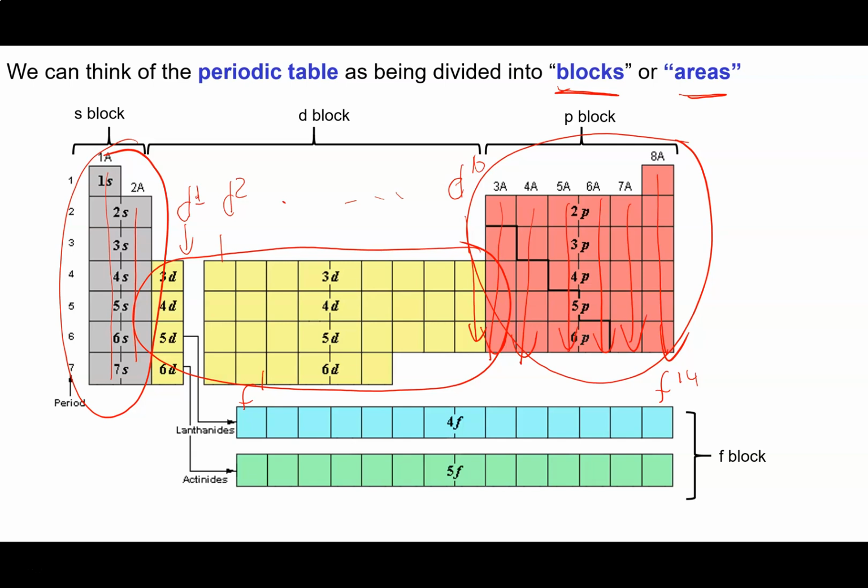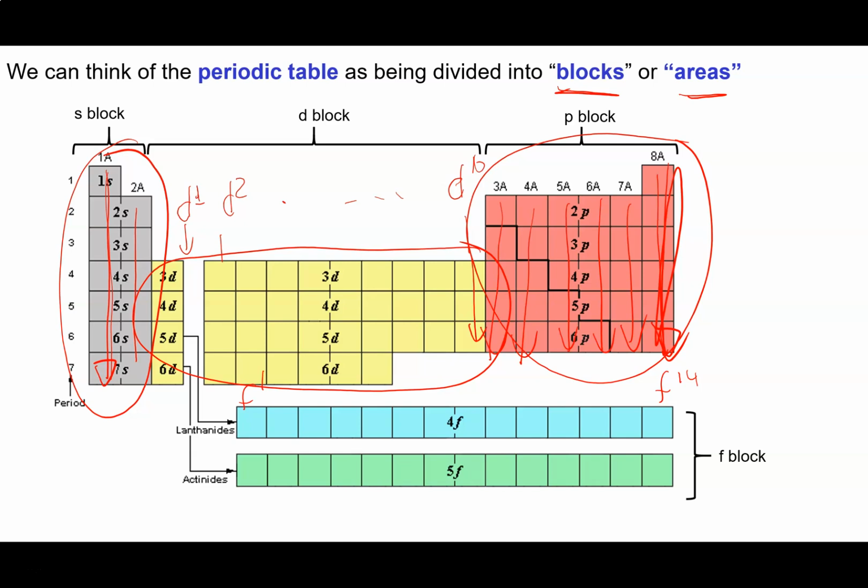Remember, elements with a similar electron configuration are going to look the same on the outside and are going to behave chemically similar. So everything in group 1A behaves chemically similar because they have an electron configuration that ends similarly. It all ends with s1. Everything in the noble gases behaves chemically similar in that it doesn't do much, because they all have an electron configuration that ends p6, right?